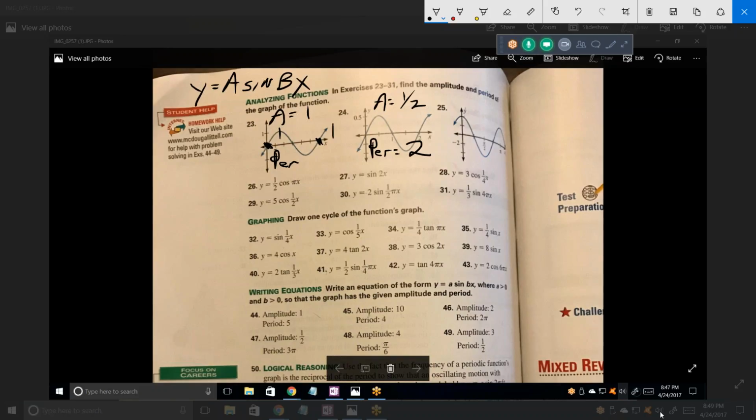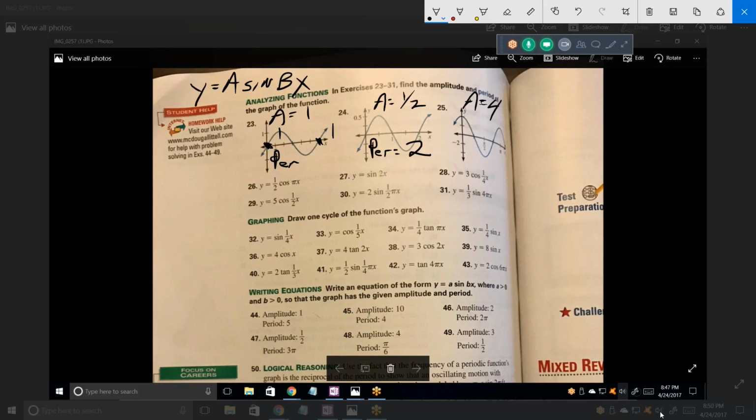And 25, what's the amplitude? You might have to look at the book to see for the period, but it's 2. No, 4, sorry. And what's the period?